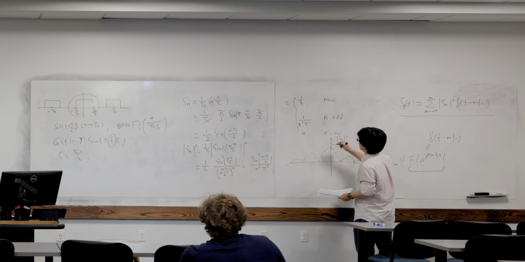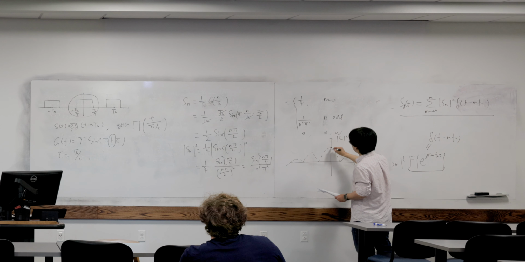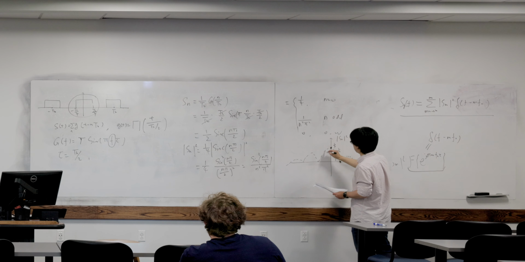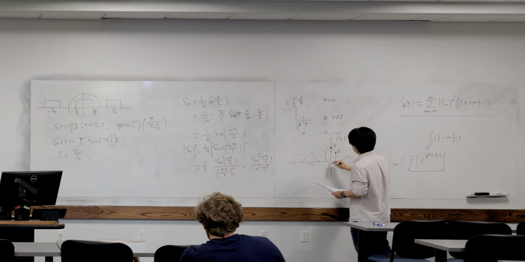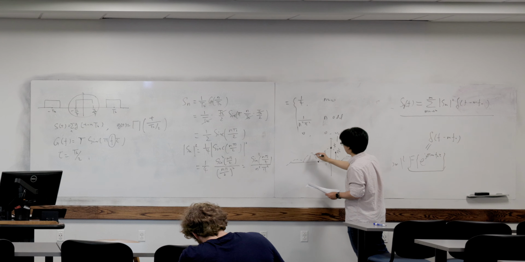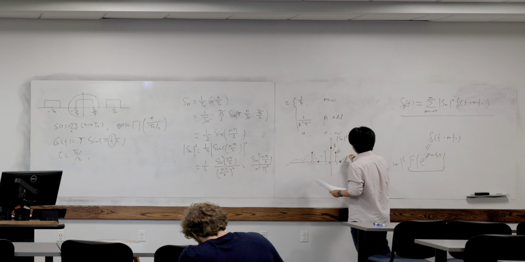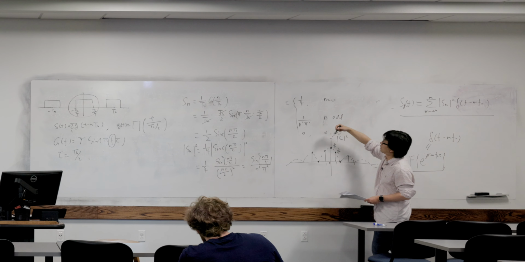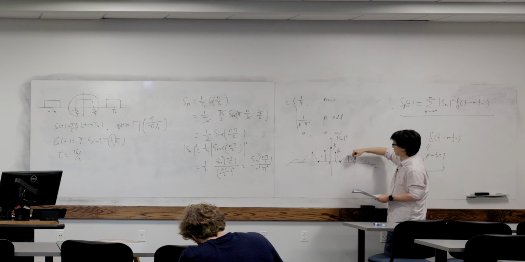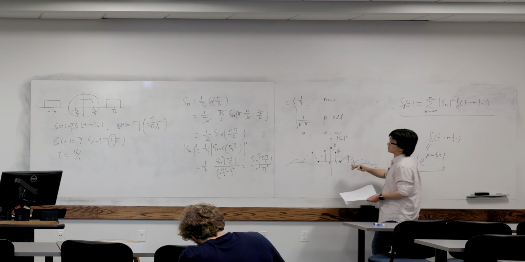Basically all the values of Sn would be this value, 1 over 4, and then this value, 1 over pi squared over 2, and then we'll have 0. Similarly, we have 0 here, and so on and so on. All the values of this guy will be taken here, and we'll have 0 here, 0 here, and so on. And that's it.